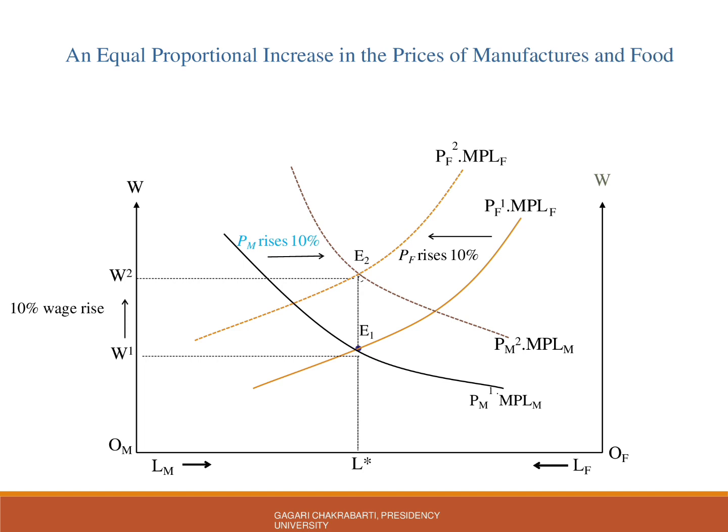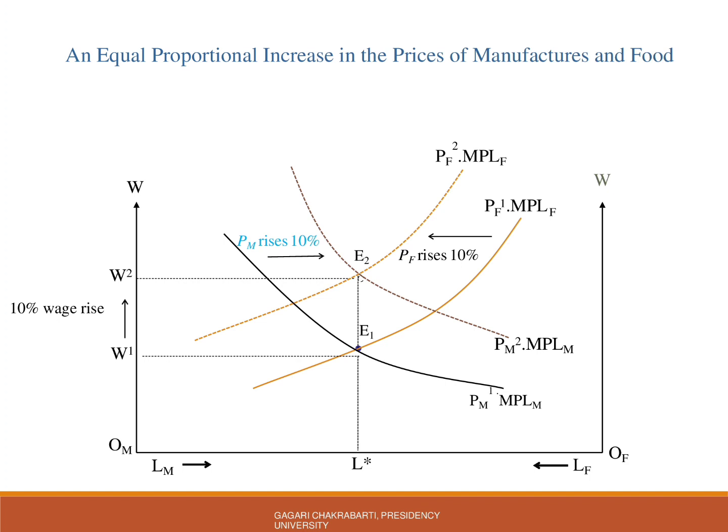Initial equilibrium is at point E1, initial money wage rate is W1, and the initial employment is L star. Now we assume that the prices rise by 10%. So PM rises by 10%, and the VMPL curve in the manufacturing sector shifts from PM1 MPLM to PM2 MPLM.